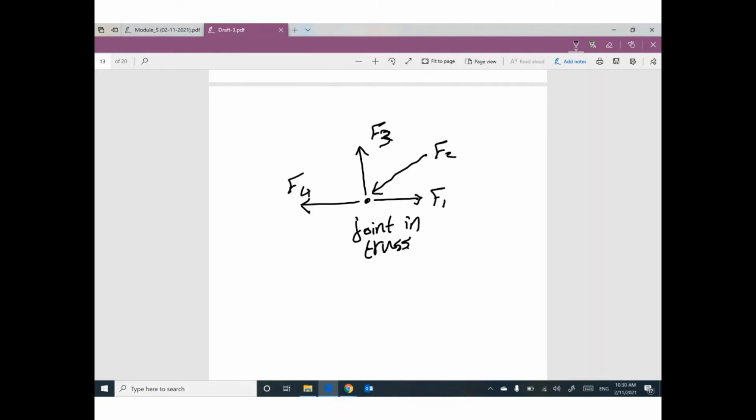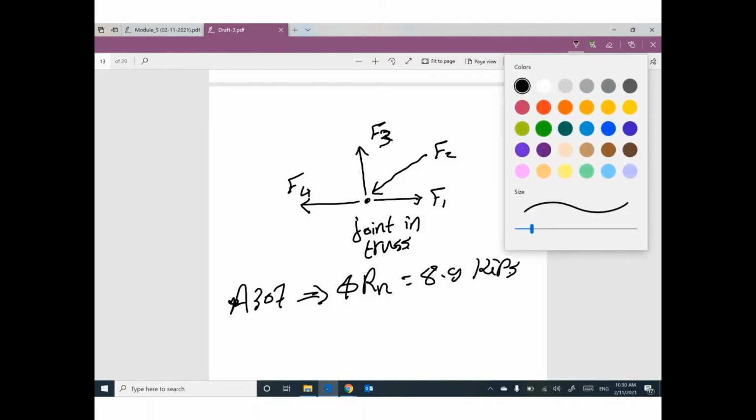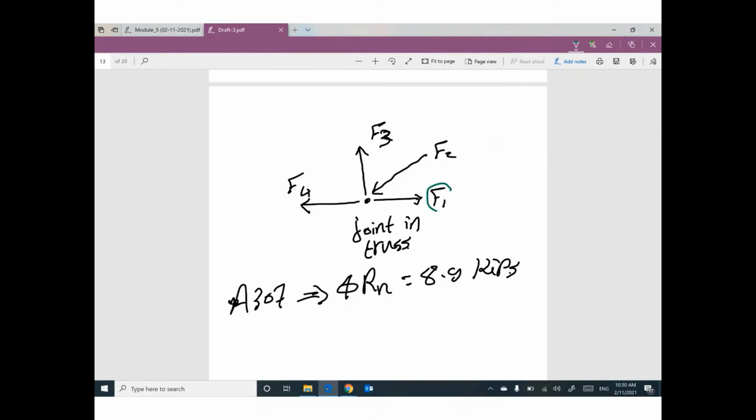So guys, you decided to use ordinary bolt A307. And you found that phi Rn equals 8.9 kip. So if you would like to get how many bolts I need for this member, just divide F1 by 8.9.